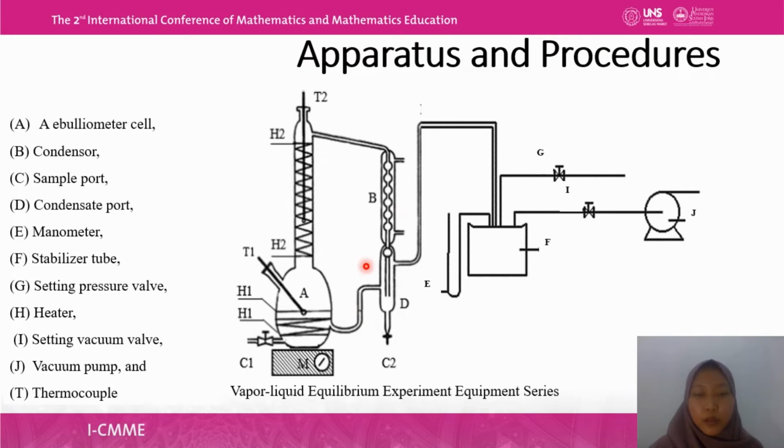Okay, this is the liquid equilibrium experiment equipment series. First, cooling water through the condenser and then insert the Ebiometer cell with a mixture of the binary system in various compositions, turn on the magnetic stirrer, turn on the heater and vacuum pump, and then wait until equilibrium.